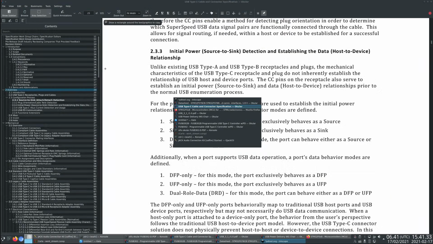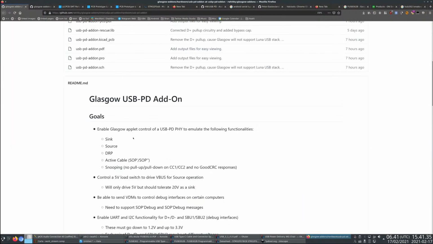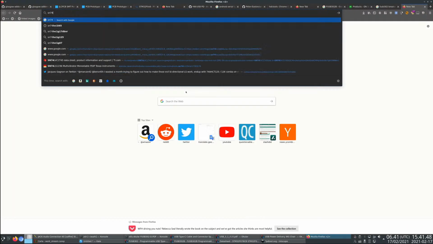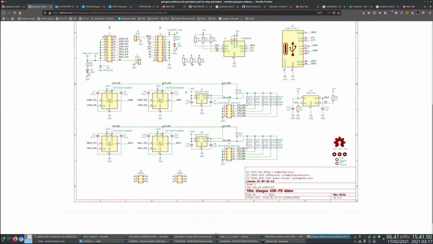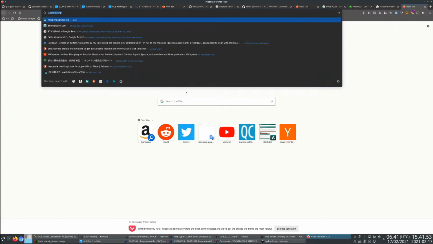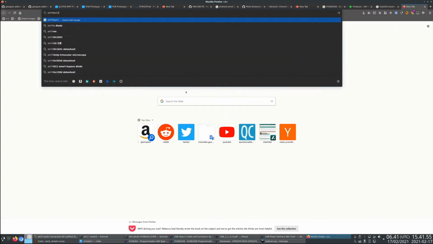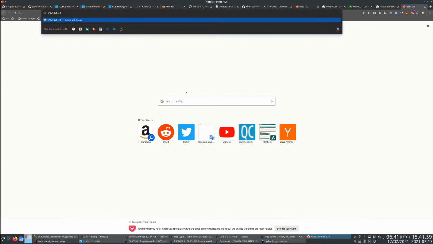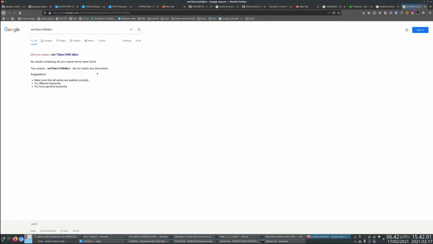For the shifters, I'm thinking Rod's already come up with something. Which ones are you using? So are these the 1.2 volt support ones? SN74AVC1T45DBVR. I typoed something there.